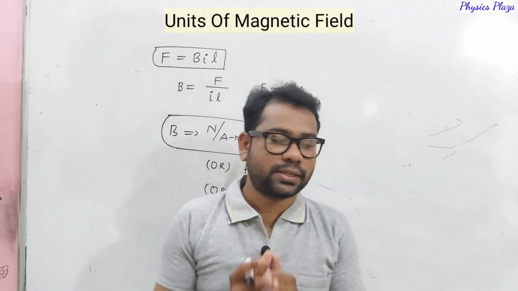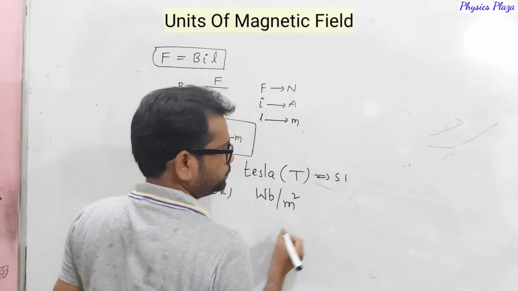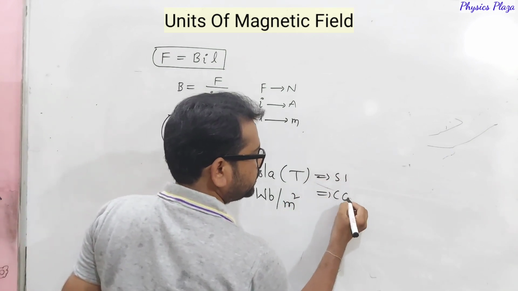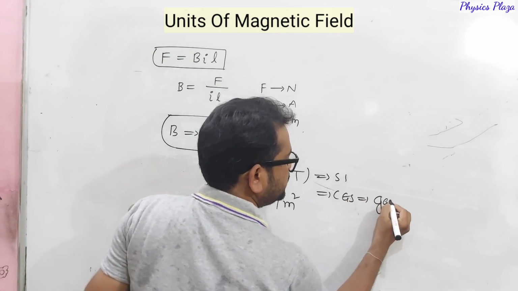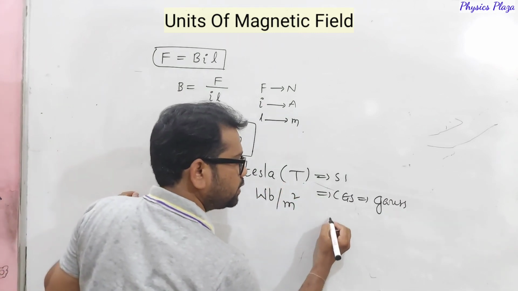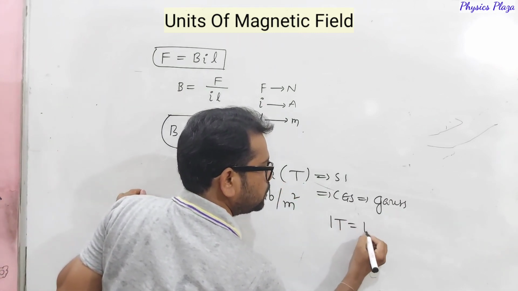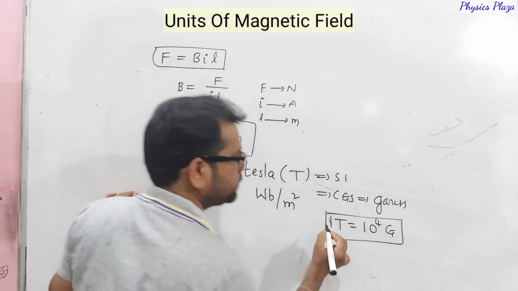It is called Gauss. So it's very important. This is the SI unit, and the CGS unit of the magnetic field is Gauss. So how are these two related? 1 Tesla is equal to 10 to the power of 4 Gauss. Children, very important relation. That's it.